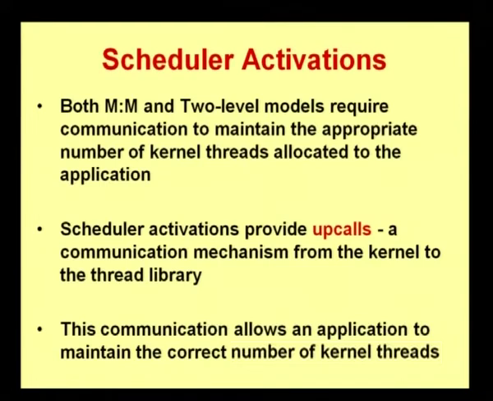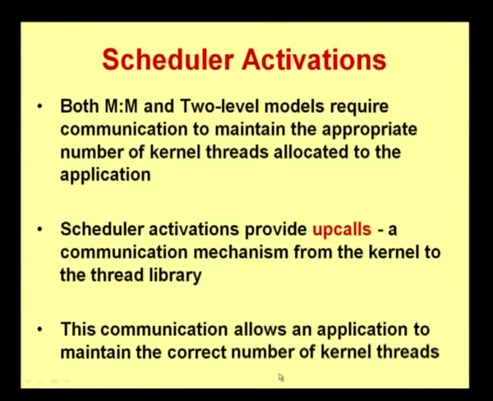That is called an upcall. Then the third point is that this communication allows an application to maintain the correct number of kernel threads. So these are the three points required to activate a scheduler.